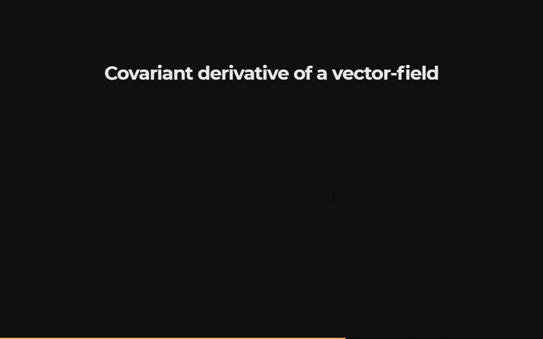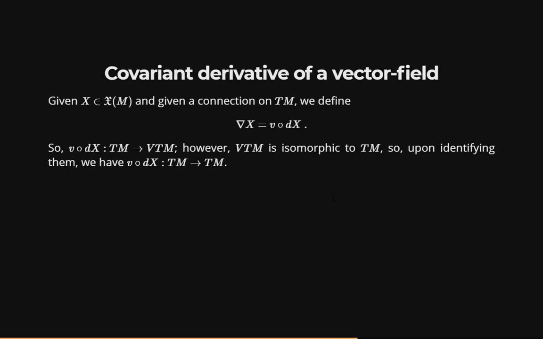Now, covariant derivative of a vector field. We take a vector field X and the connection, so we have this V. We define nabla X as V composed dX. So dX goes from the tangent of M to the tangent of the tangent of M. You compose with V, so you end up in the vertical distribution.